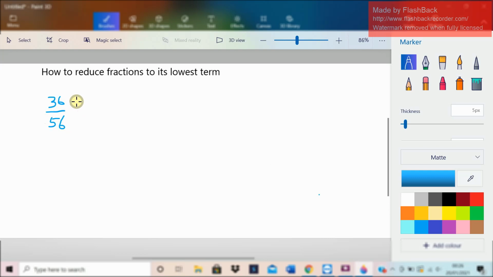Again we'll take the factors. Sorry about the writing, because I'm not used to this, and I'm trying my best.